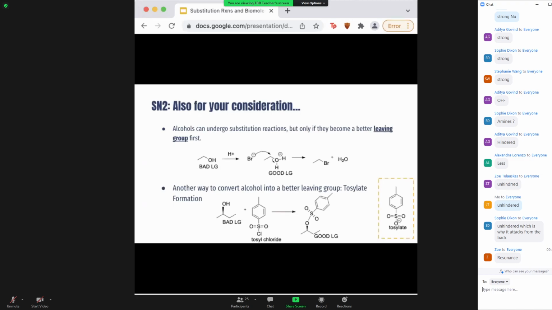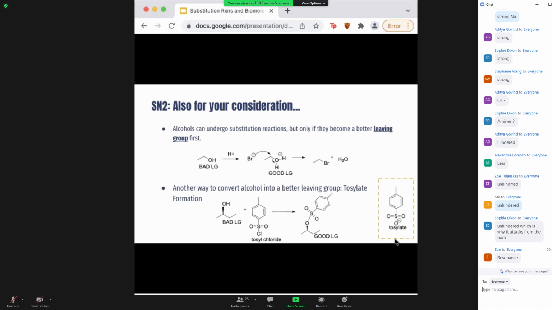Yeah, exactly. So it's because of resonance. I think size is some of the factor, but the more important factor, and just one of the things that the MCAT loves, is the idea of resonance, because anything that has resonance stabilization is going to be a fantastic leaving group.